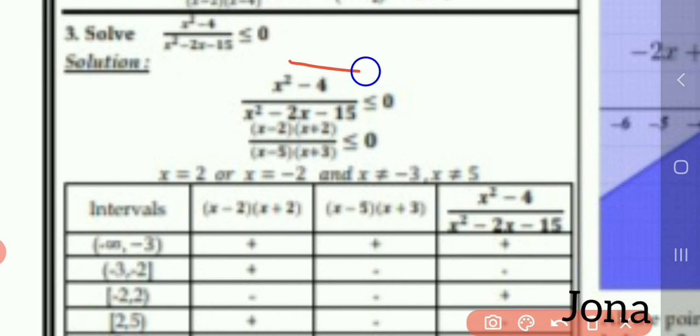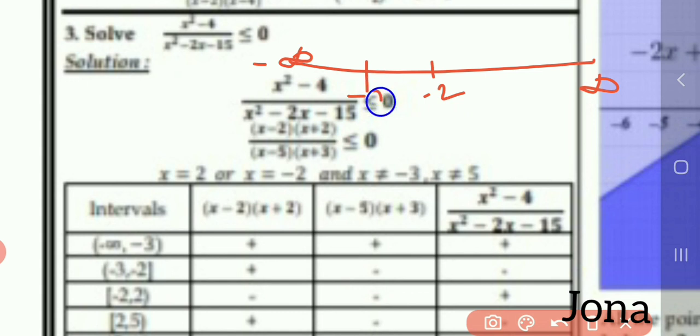Okay, let me see the intervals first. Here minus infinity and here plus infinity, and then the values are, here I got minus 2 and here minus 3, and 2 is also there, 5 is also there. So here 2 and here 5.